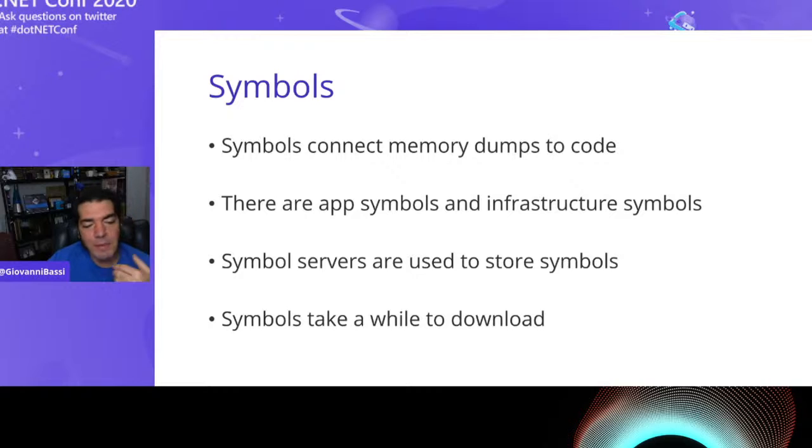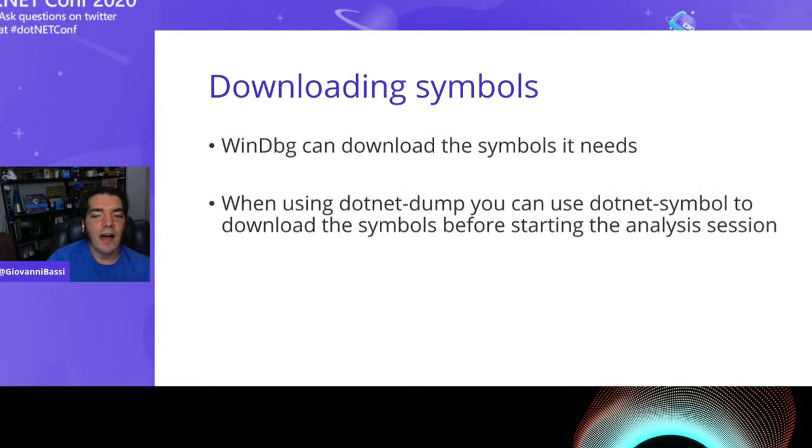So when the Windows API or .NET API changes, they have to publish new symbols. So if you're debugging an application with even a minor version difference, you might have to download new symbols, and it might take a while to download again. Also, this cache is usually large, so be careful because it takes a lot of space.